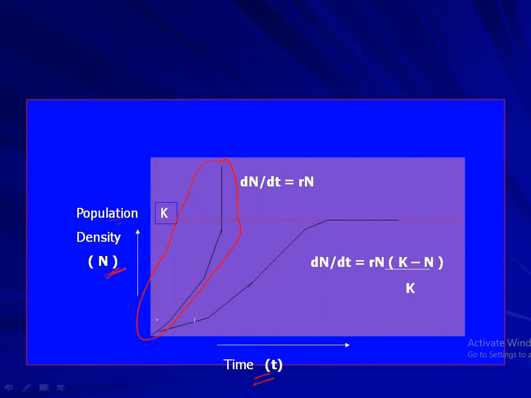That means when time passes, the population density increases at a much faster rate. So with time, the population density will increase exponentially.